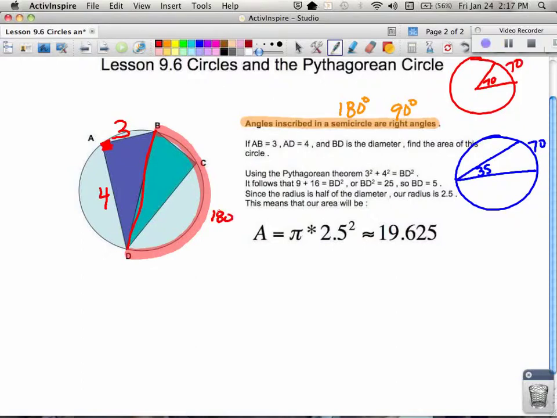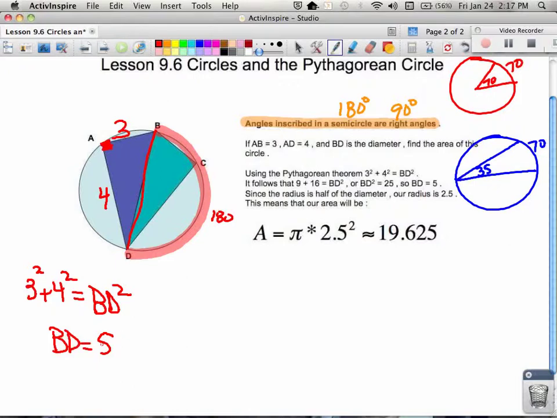I can use my Pythagorean theorem then and say 3 squared plus 4 squared equals BD squared. Or in other words, when I get done using my Pythagorean theorem, I find out that BD is 5. You can do the math later, but that's really what it's saying.